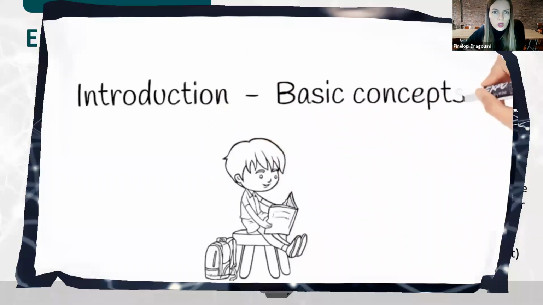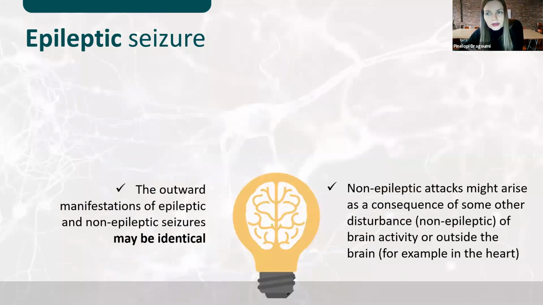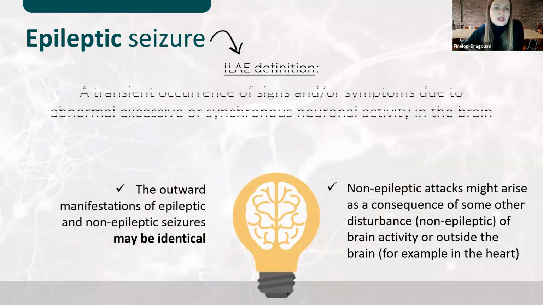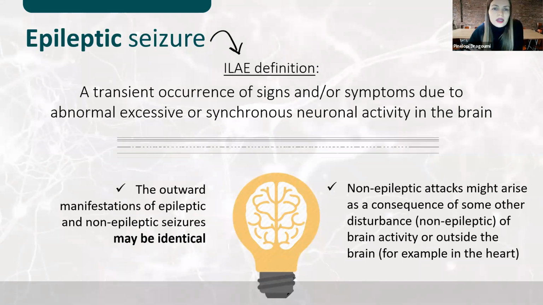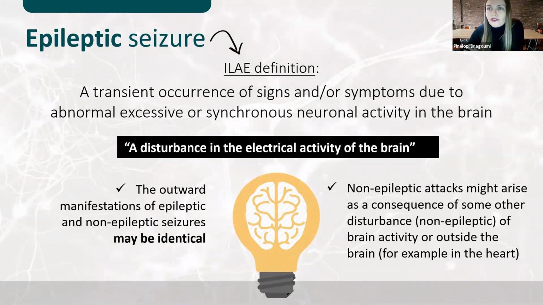We all know what an epileptic seizure is. An epileptic seizure is a transient occurrence of signs or symptoms that are due to the abnormal, excessive, or synchronous neuronal activity in the brain, a disturbance in the firing, in the electrical activity of the brain.